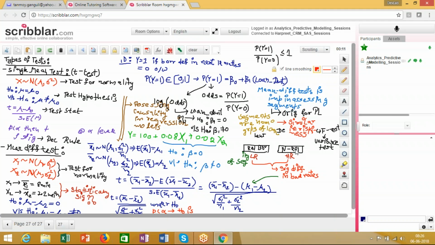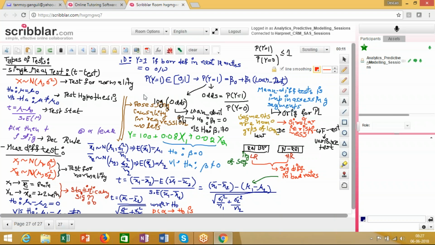Now, having said this, the next part that we need to talk about is how we define these bad rates. What should be our logic for defining these bad rates? Let's take this into consideration.